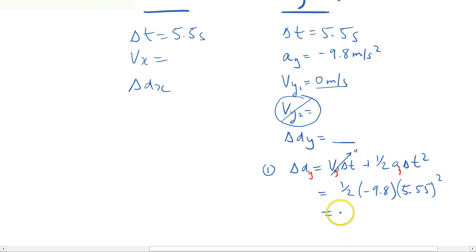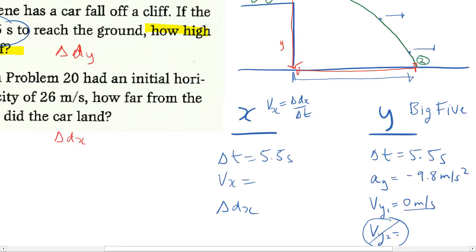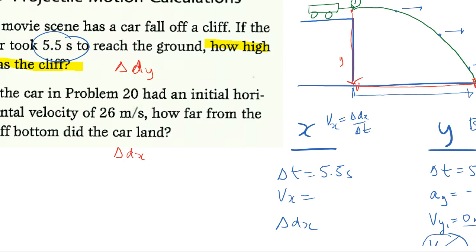So here I'll get negative 4.9 times 5.55 squared. Using my calculator, I'm typing out 0.49 times 5.55 squared equals, and it'll be a negative number here, negative 15.09 meters. Okay, so my answer to the first question here is, how high was the cliff?